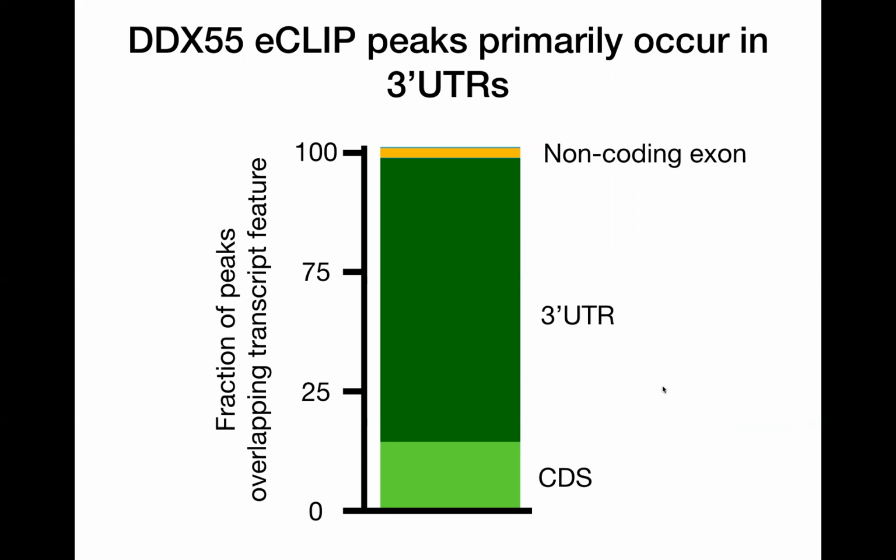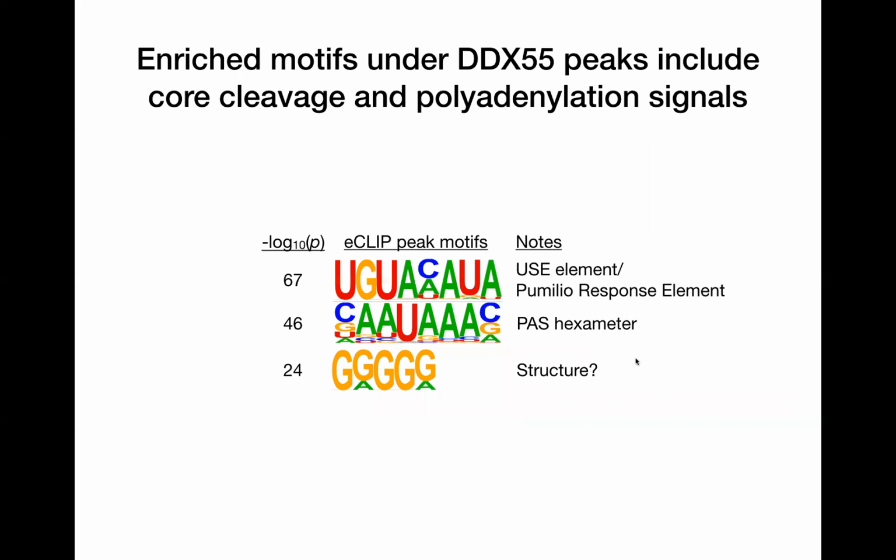So next, we looked at the motifs that were enriched under DDX55 peaks, and they include sequences that look like binding sites for the core CPA machinery, namely the PAS hexamers found within the second motif, and UGUA, the upstream enhancing element, is also found as enriched.